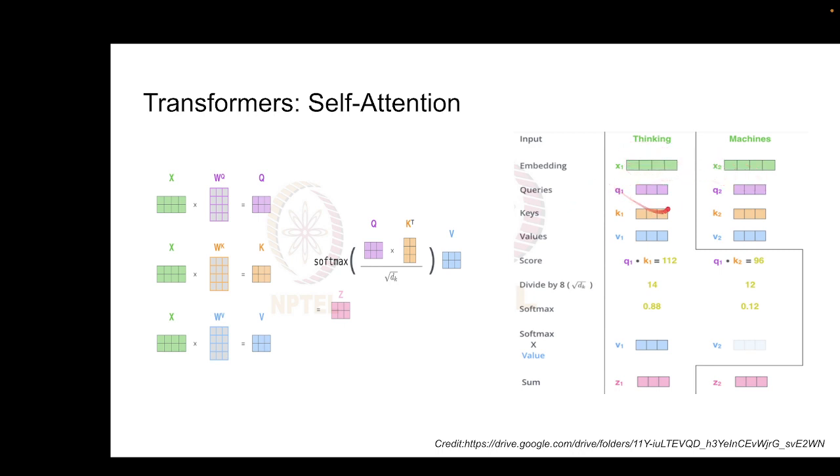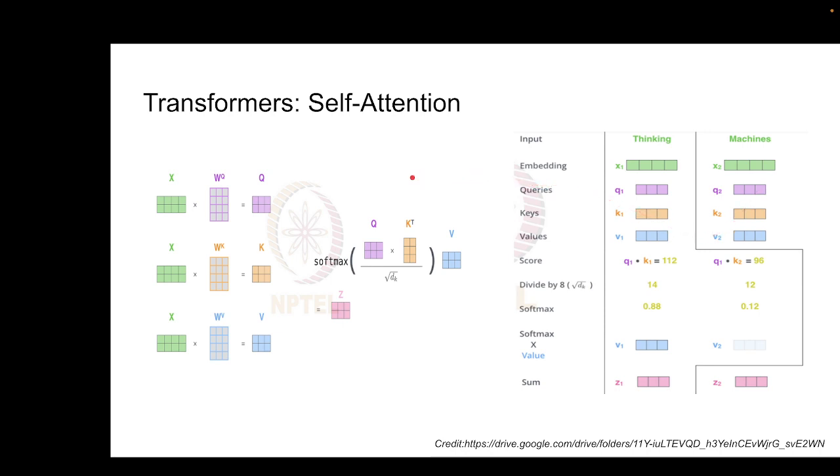From x1 and x2 I can generate the query, key and value matrices. For simplicity, we have broken the matrices into vectors for the individual words, so we have q1, k1, v1 corresponding to x1 and q2, k2, v2 corresponding to x2.